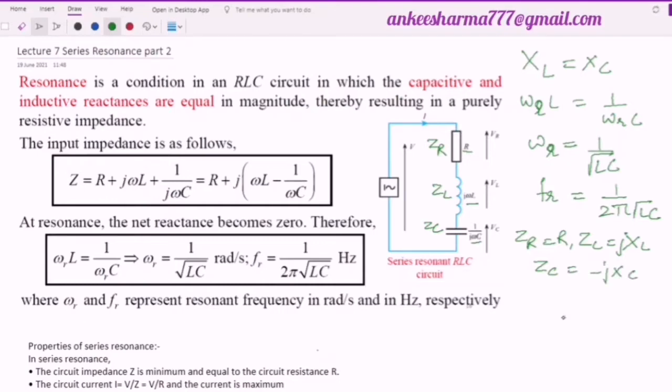We have already discussed the operator j role over here. It just tells us the phase difference. If it is positive, it tells us the phase difference of plus 90. If it is negative, it tells us the phase difference of minus 90, right?